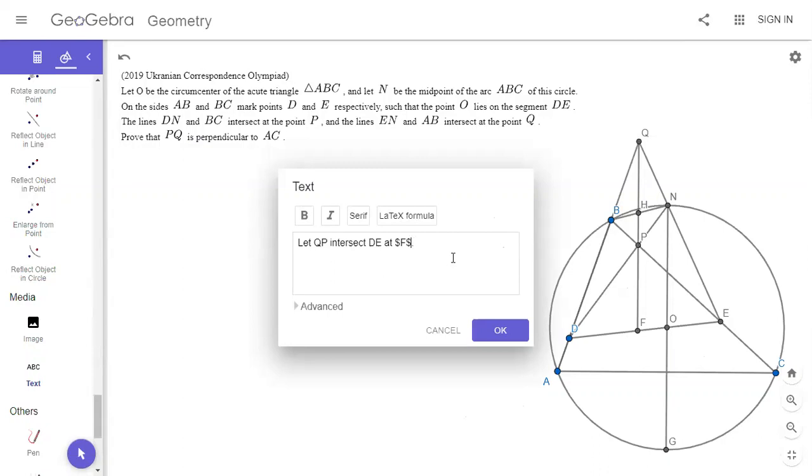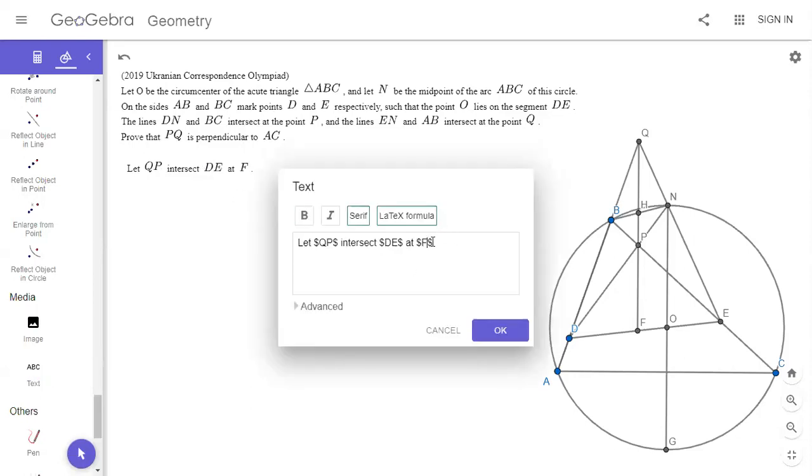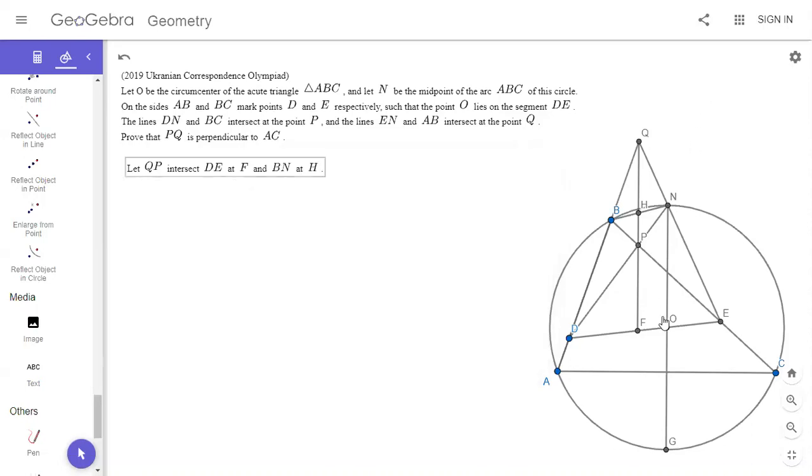Yeah, when I see so much structure, it's just overwhelming for me. I don't even know where to start the proof, but you have figured it out. So QP intersects DE at F, and BN at H. And then since those three are concurrent, we know Q, H, P, and F are in harmonic conjugation.